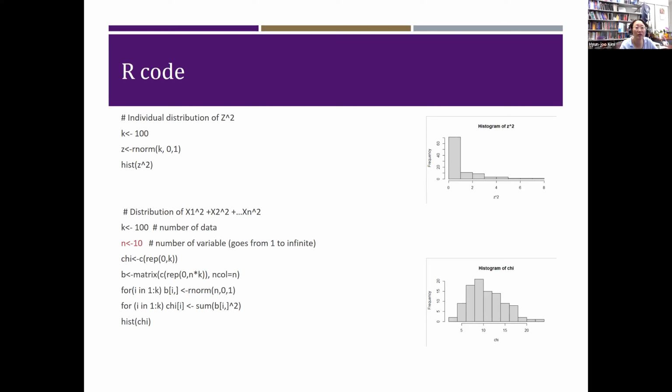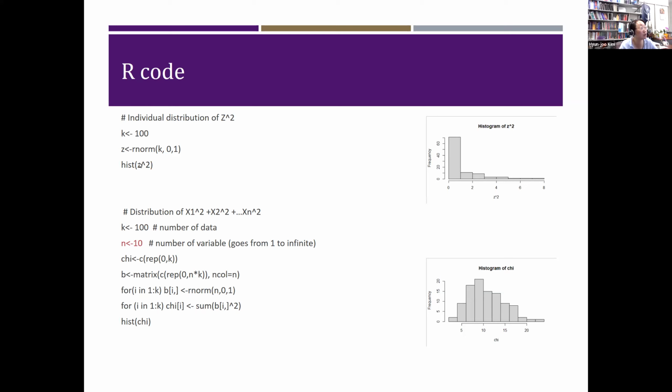We can generate a similar graph using our own code. The first code chunk and graph is the chi-square distribution with 1 degree of freedom. Here we are generating random numbers from the standard normal distribution using our norm function and drawing a histogram of the squared values of those random variables.